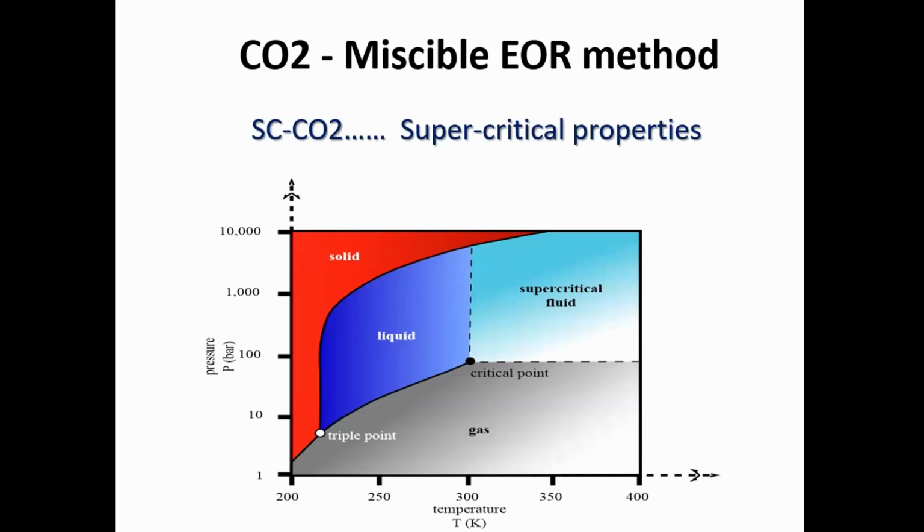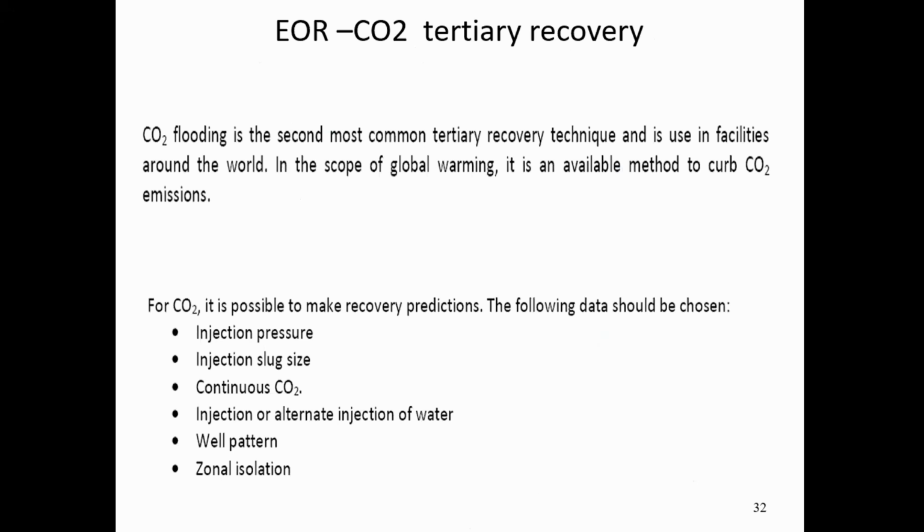So quite useful. CO2 is a very useful example of tertiary. Of course, with CO2 you can also talk about the environment, because you are extracting CO2 out of the atmosphere, so you are also reducing something we call global warming.